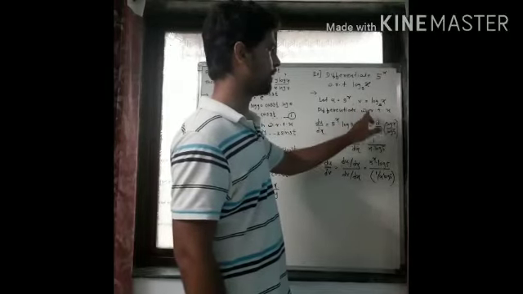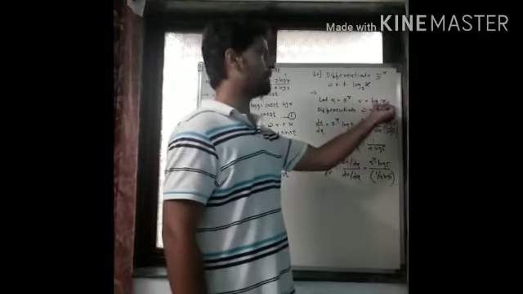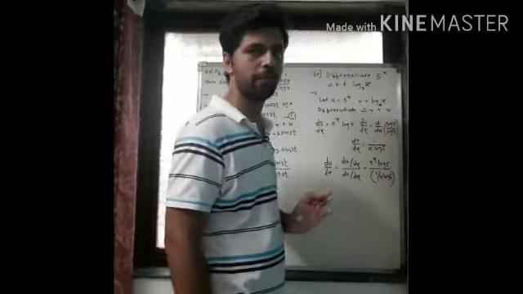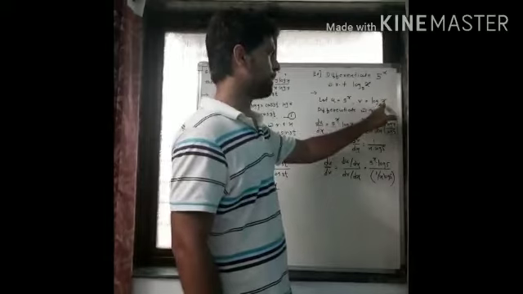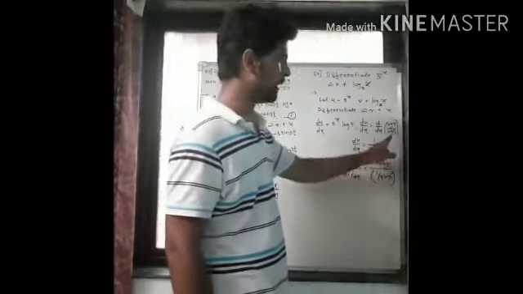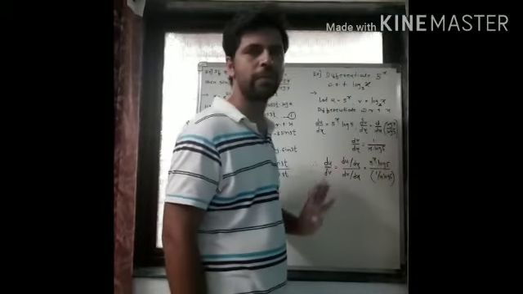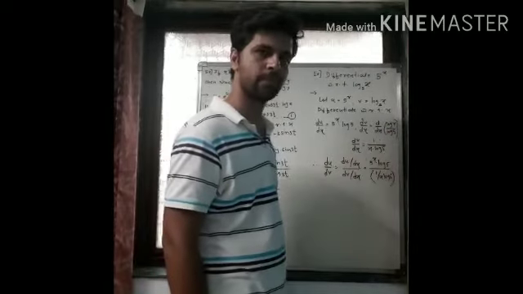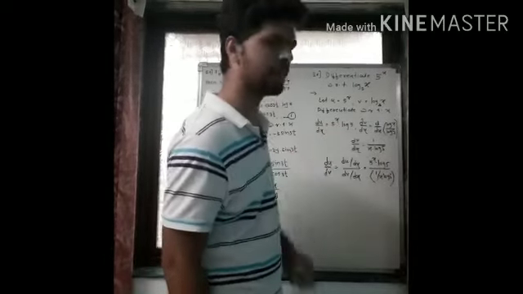The derivative of v is dv by dx. But we will convert this log x to the base 5 into change of base form. Log x to the base 5 we can write as log x divided by log 5. Here the denominator's log 5 is a constant, so we keep it as it is, and the derivative of log x is just 1 by x. So we got dv by dx also.